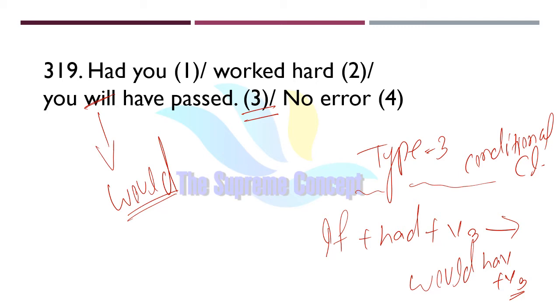If you are confused that we are not seeing any if in the sentence, it is because here had you worked hard is given, that is, we just used inversion here. In that case, it represents if, so no need to use if again. So let us move.